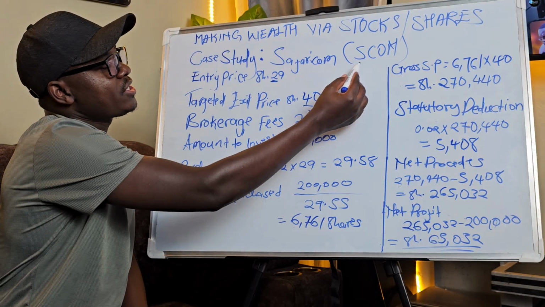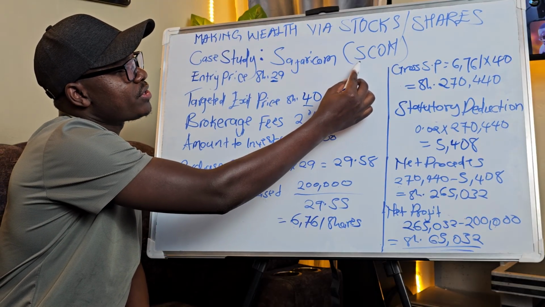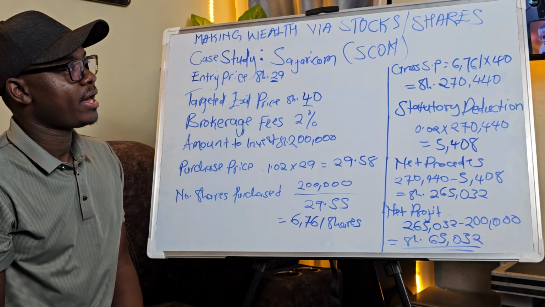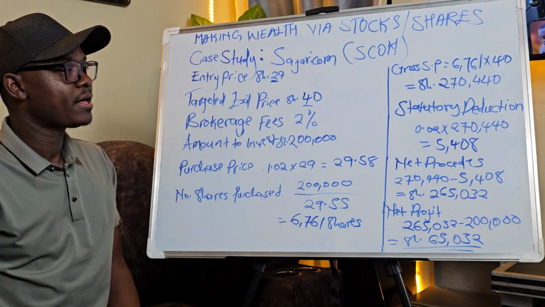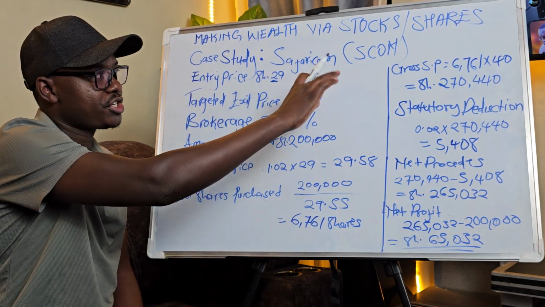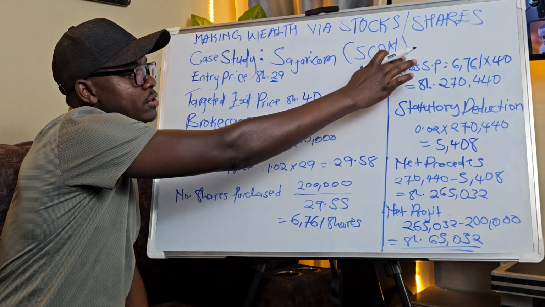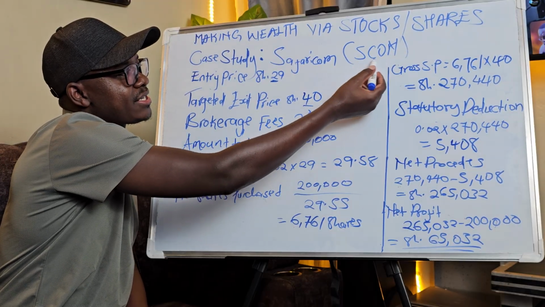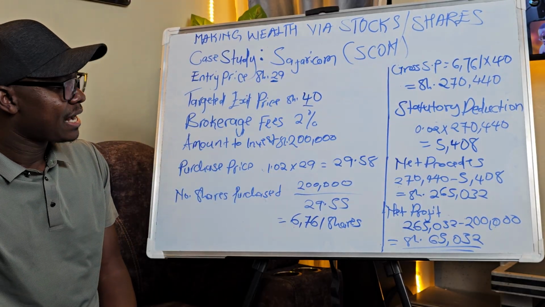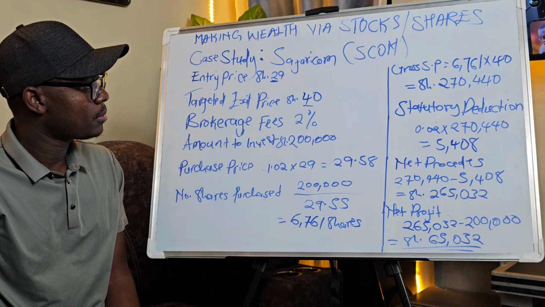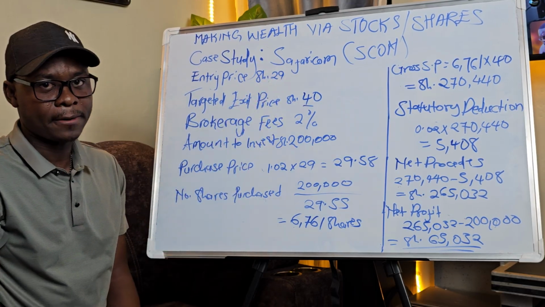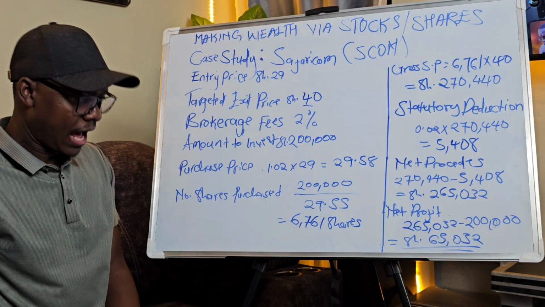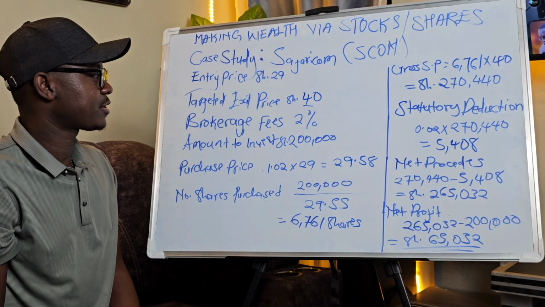Safaricom trades with the name Eskom, so that just stands for Safaricom. When you go to NSE, it is listed as Eskom. Currently, the share price of Safaricom is trading at 29 shillings. So I will use that for illustration purposes.